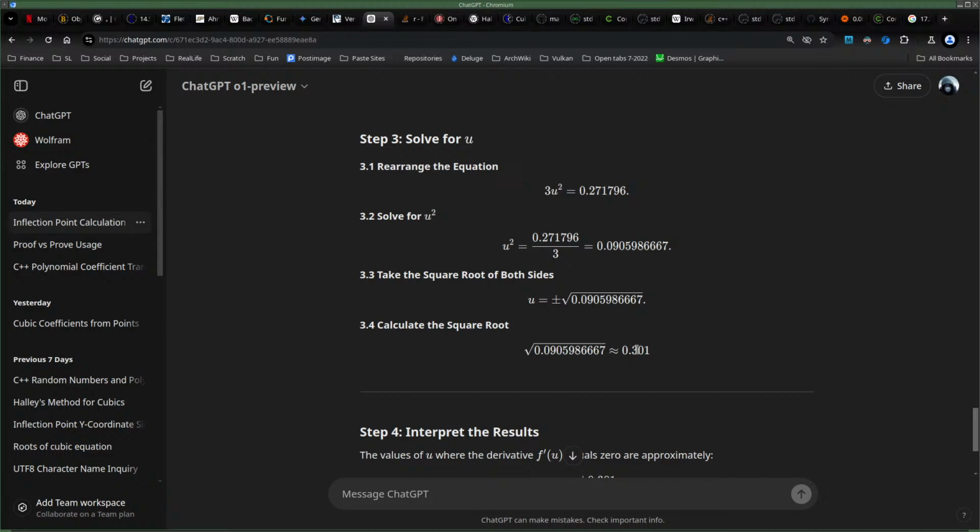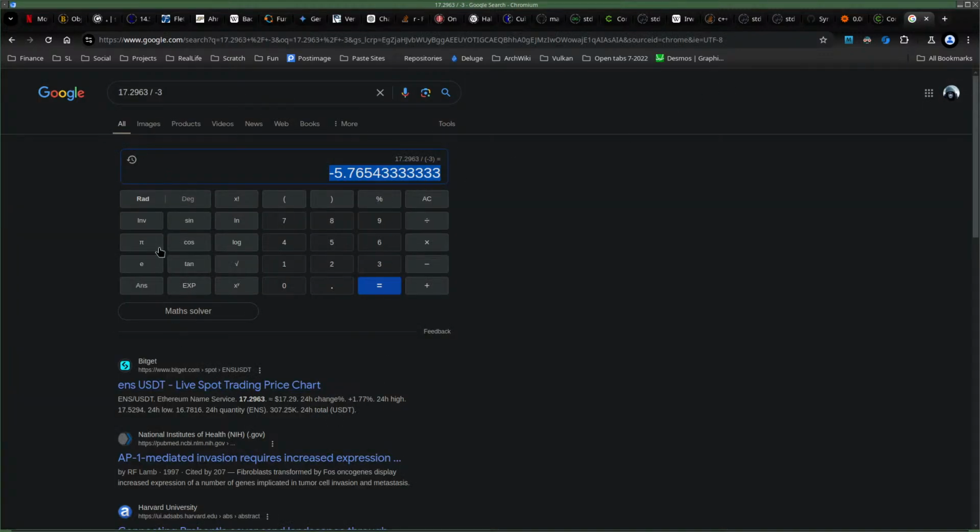I hated that it abbreviates stuff to only 3 decimals. I can't even copy that number. I can copy this number. Does the thing have a square root? Yep, you have a square root there. Square root of... Why can't I paste here?